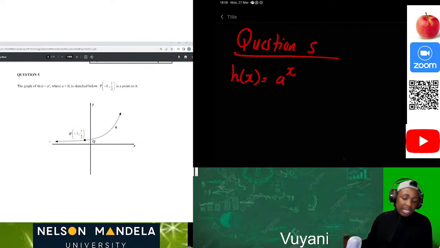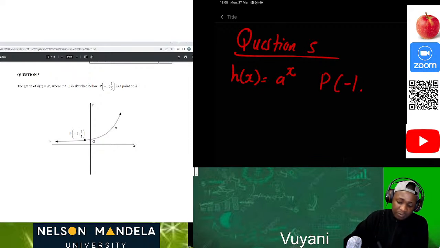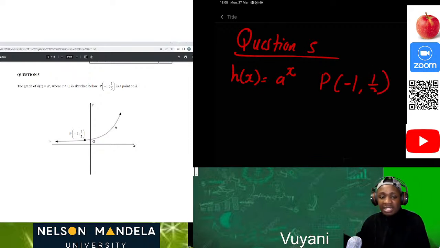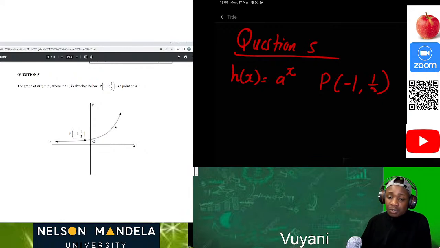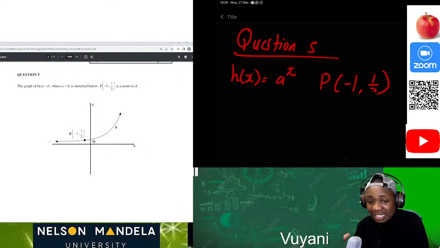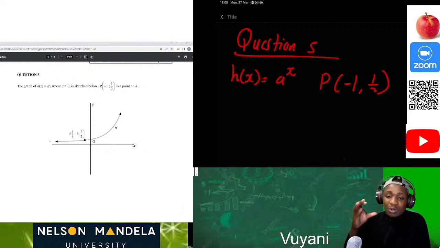So that's not really hard. Then we are also given the point P, which is (-1; 1/2). Definitely they will say, what is the equation of h of x? Or maybe they will say, what are the coordinates of Q? I'm just thinking out loud. So it's very important to know the function's characteristics and know how to apply those different characteristics of a function.